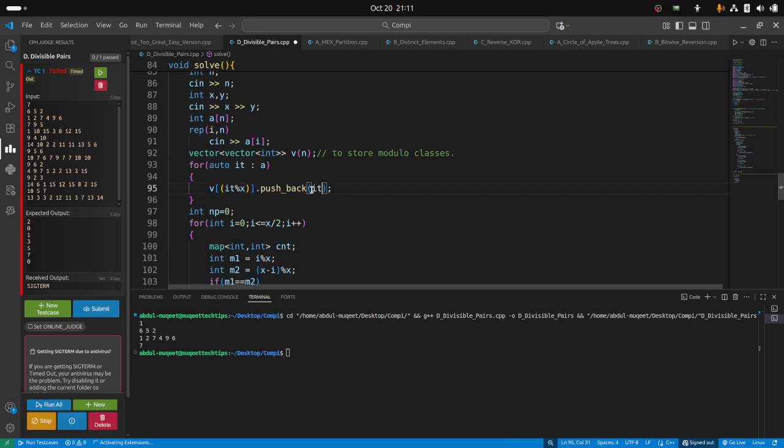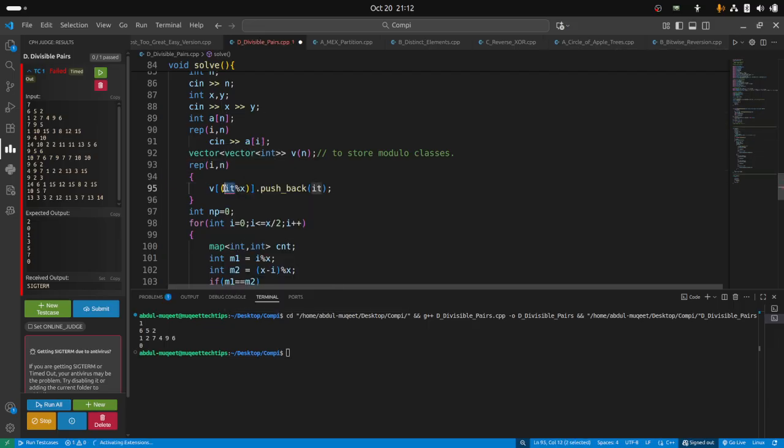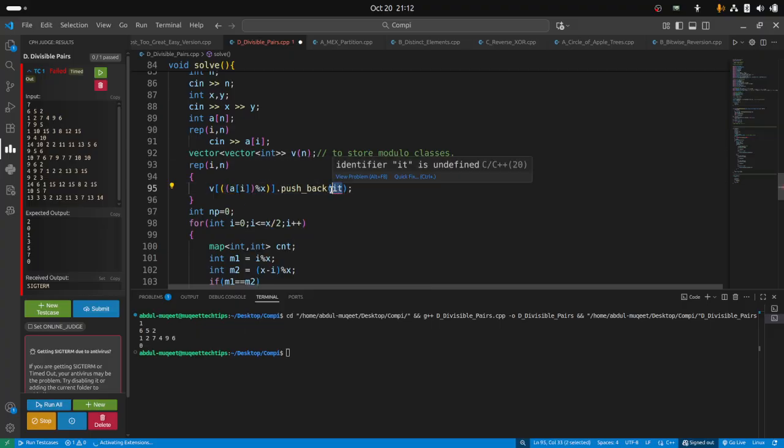Okay, one minute. I need to put back IT, not x. Okay, and this target, simple loop. Repetition command.